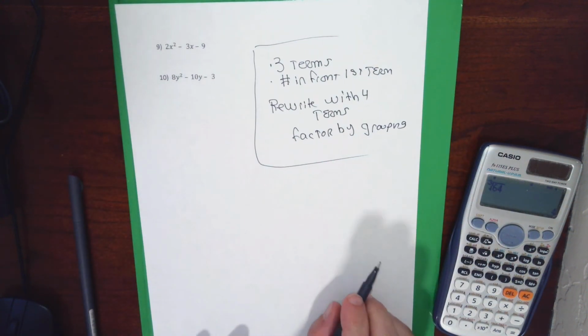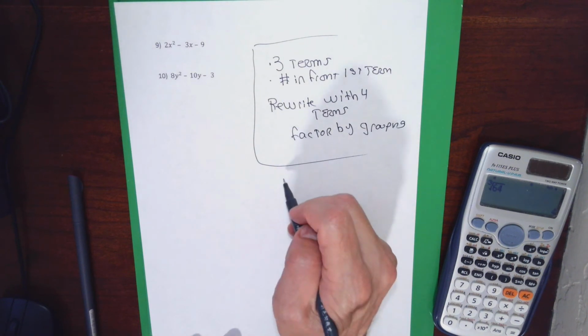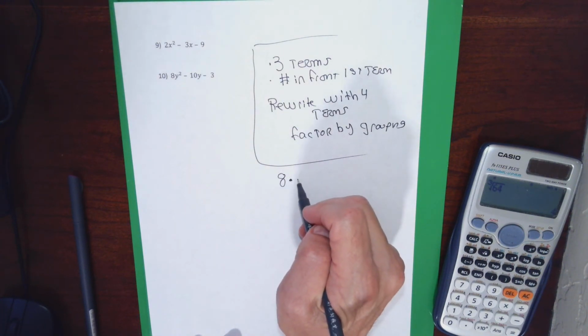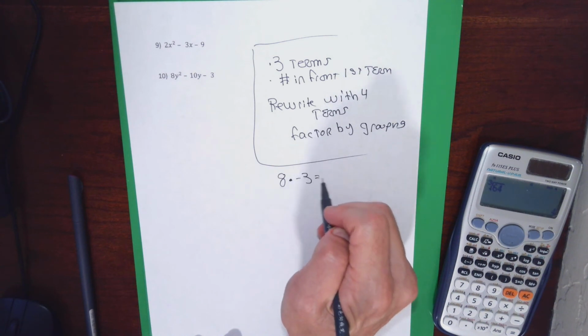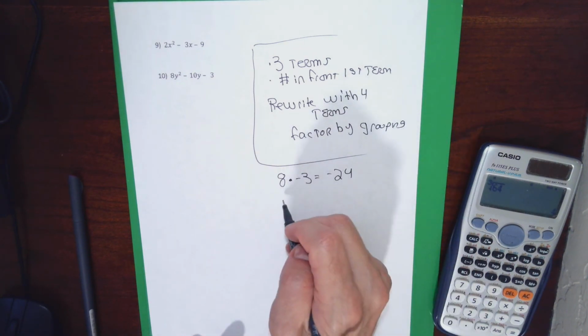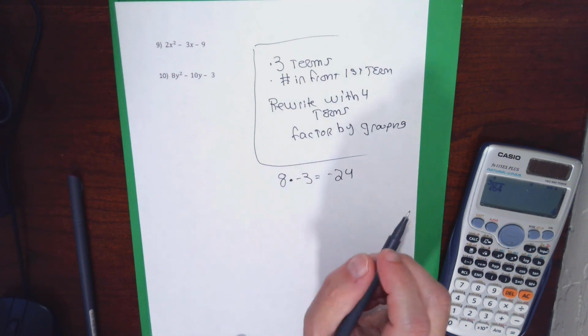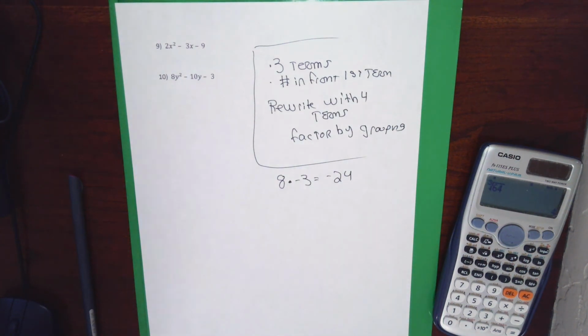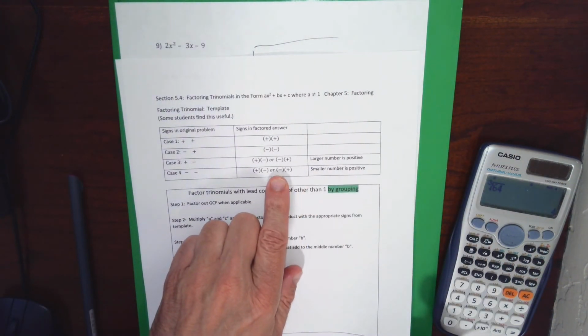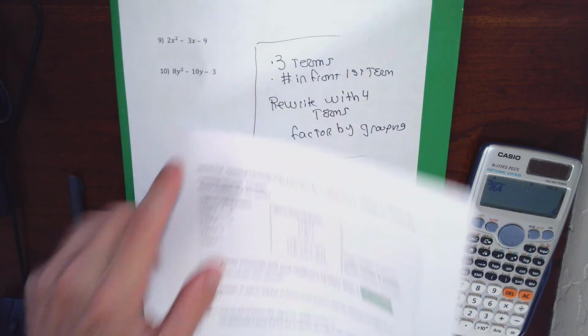If there wasn't a number in front of the squared term, I would sight factor. To get started on number 10, I have to multiply the 8, which is the coefficient of the squared term, times the negative 3, which is the constant. And I need to find the numbers that multiply to negative 24 and smaller number positive, bigger number negative, that add up to the negative 10.